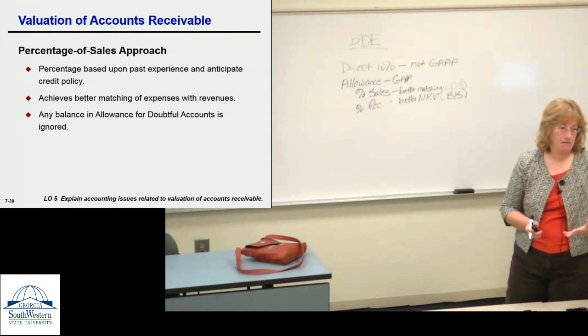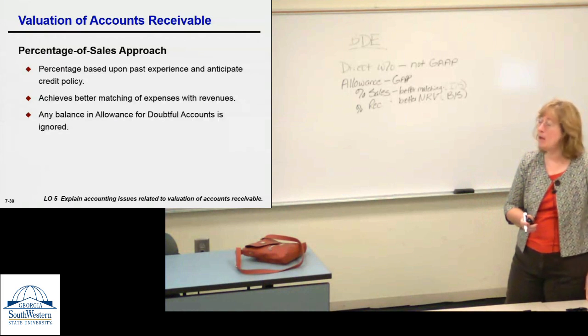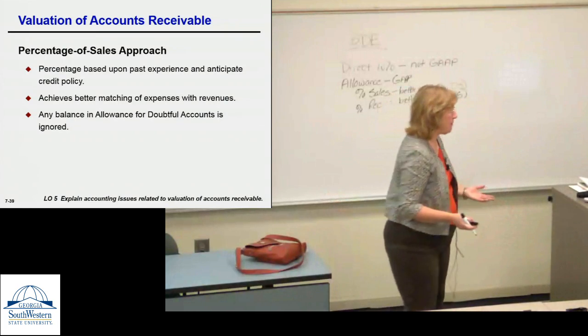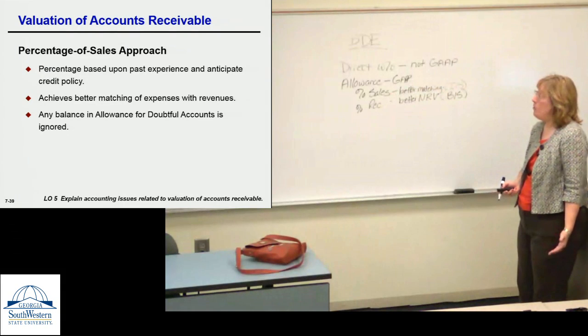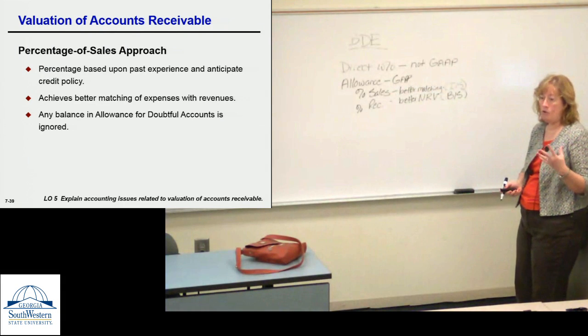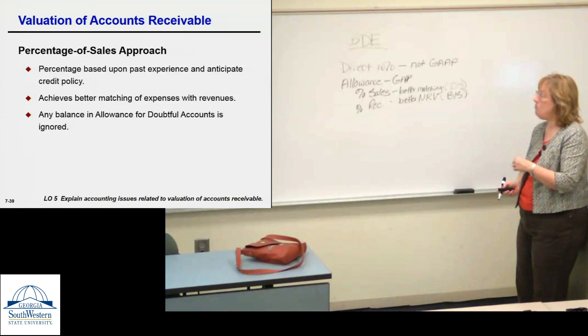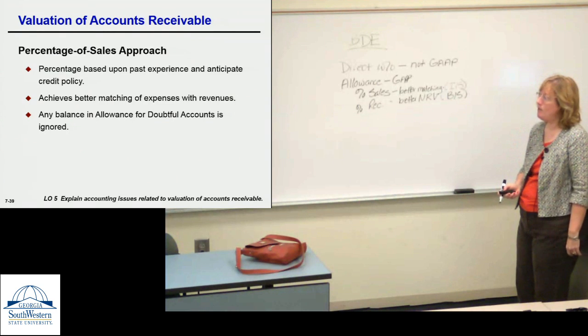Does that sound like a realistic thing? What do you think, Angela? Maybe you have a long-term history of, okay, 5% aren't going to pay, right? And so in the same period as you make a sale, you're also going to record the bad debt expense, okay?